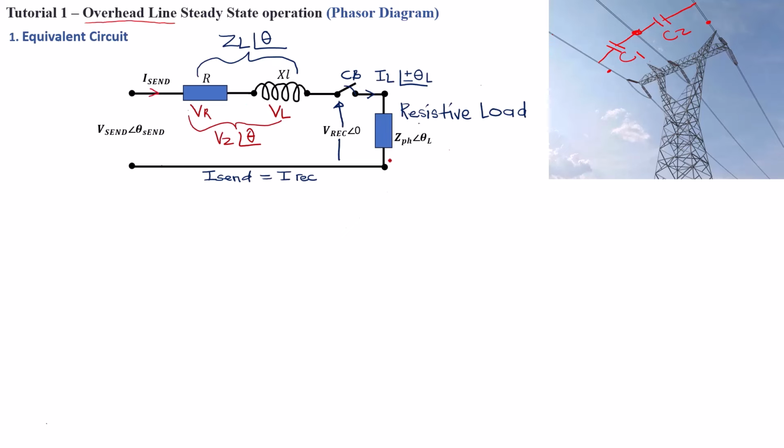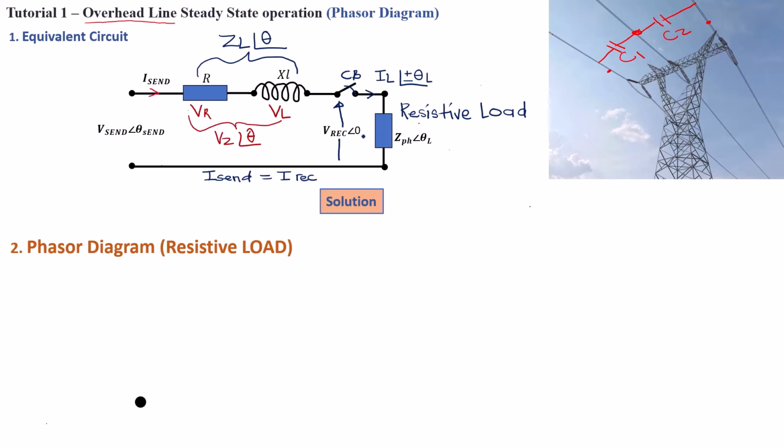Now we are ready, because we've got all the parameters we need to draw the phasor diagram. To draw your phasor diagram, you first need to draw the reference voltage, which is V at the receiving end with an angle of 0 degrees, right before the circuit breaker is closed.